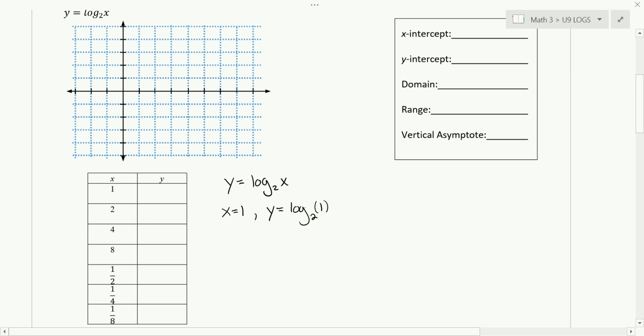And if we change this out of logarithmic form, we get 2 to the power of y is equal to 1. So what's y going to equal? 2 to what power equals 1? 0.